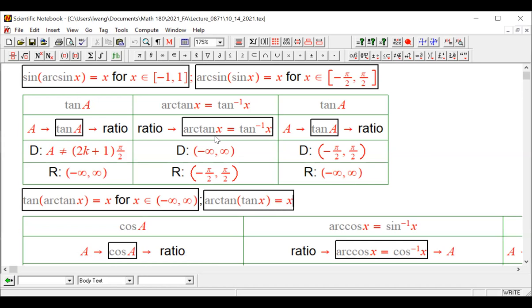And this is going to be the same as x, provided x is from negative pi over 2 to pi over 2.